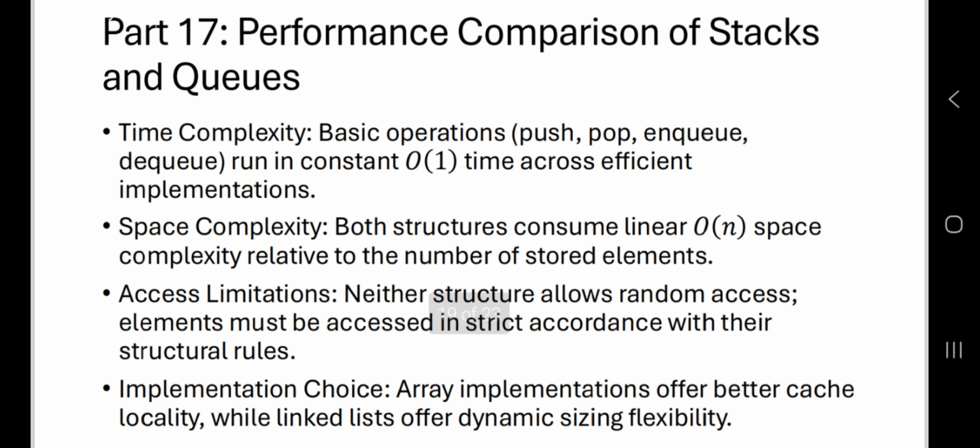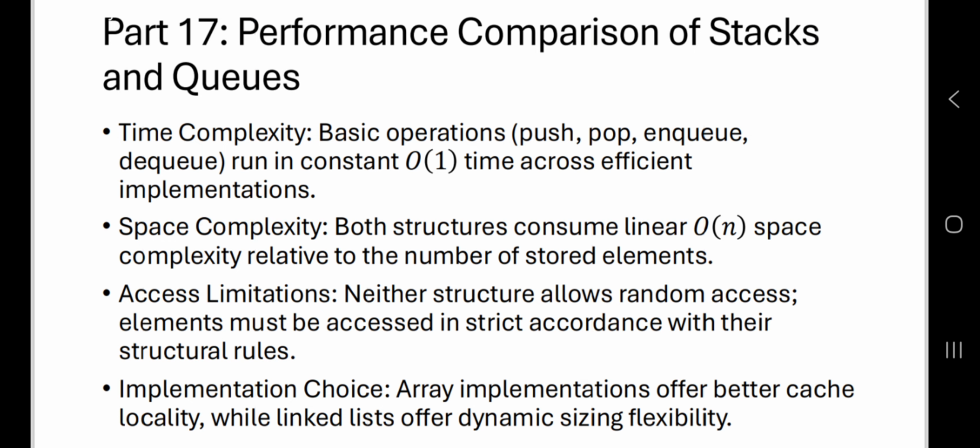How do stack and queues stack up against each other performance-wise? Let's just review in part 17. Number 1, time complexity. Basic operations like push, pop, and enqueue and dequeue all run in constant O(1) time across efficient implementations. Space complexity.